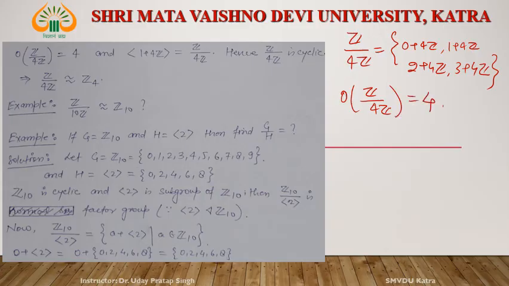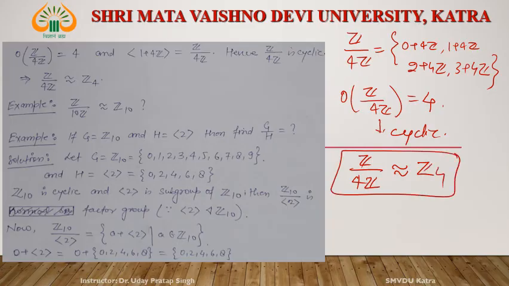This is 4, right? Then Z by 4Z is cyclic. If it is cyclic, then it is isomorphic to Z4, right? This is isomorphic to Z4. Similarly, Z by 10Z is isomorphic to Z10. Now it is homework for you.